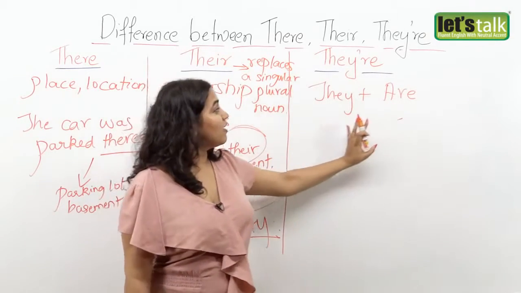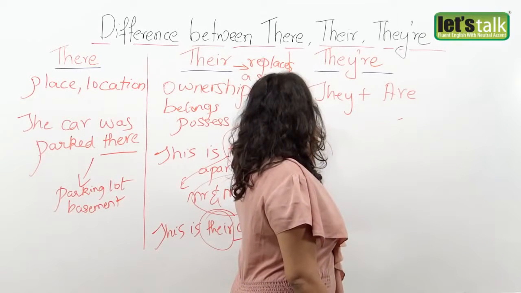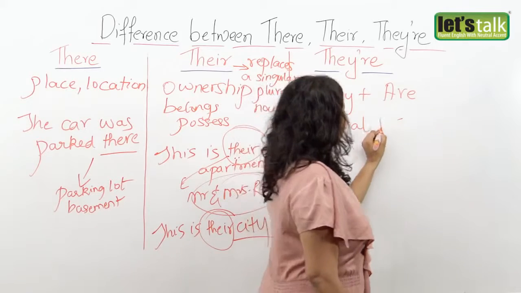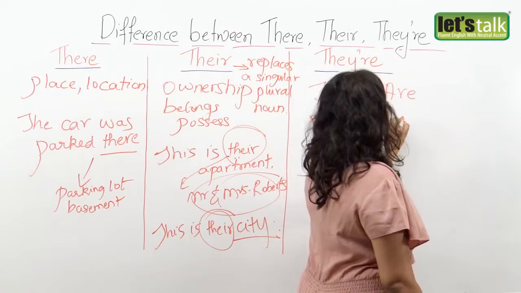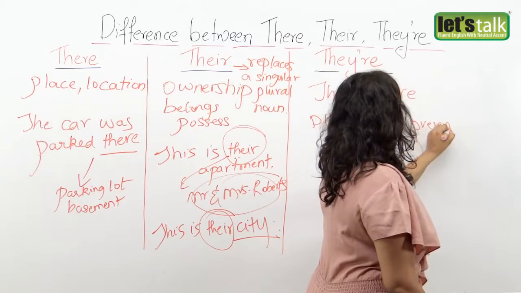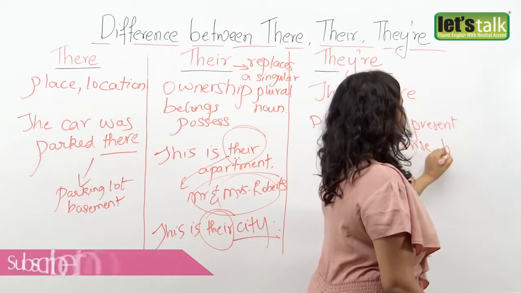Okay. Now, they are is basically used for a plural, and are is basically the present tense of the verb be.